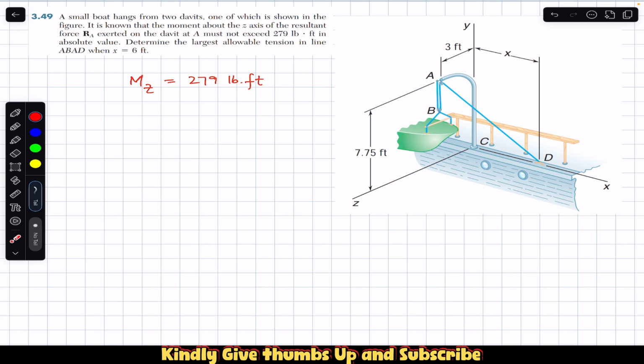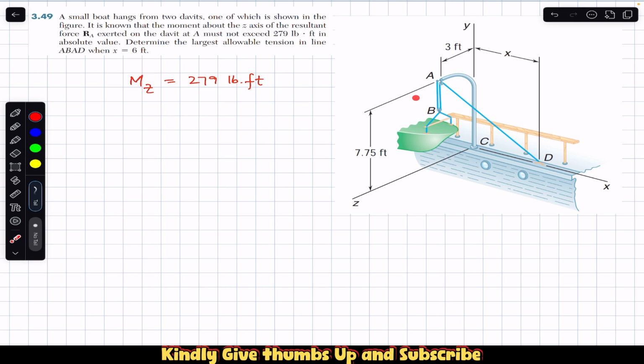Now in this problem, we are given that the moment of the tension in this whole wire about the z-axis is 279 pound-feet, and it must not exceed that. So we have to find the tension in this rope, and that tension must be the maximum allowable tension according to this particular moment about the z-axis.